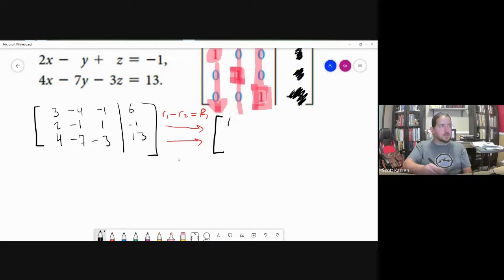That's why I did this. -4 minus -1 is the same as -4 plus 1. That's -3. And then -1 minus 1 is going to be -2. And then 6 minus -1 is 7. Right? And that's the only change I've done, so I'm just going to rewrite the other two rows. They have not changed. So 2, -1, 1, -1, 4, -7, -3, and 13.